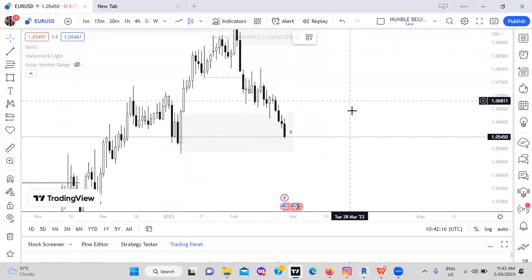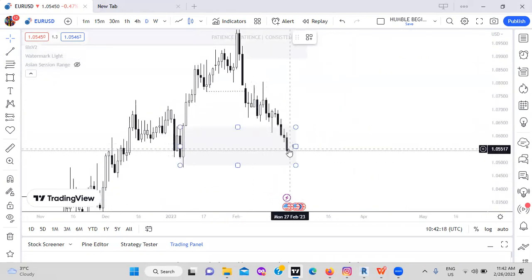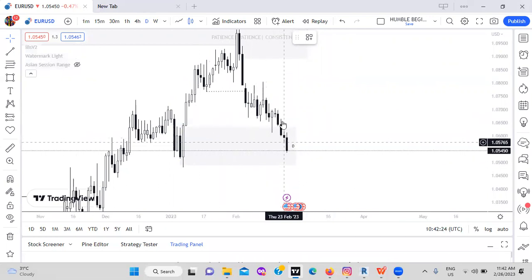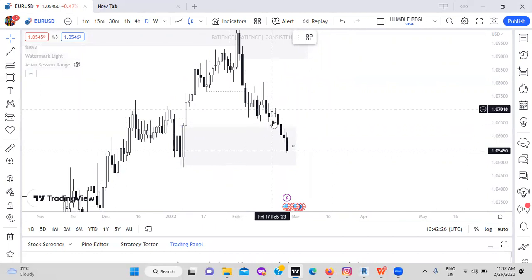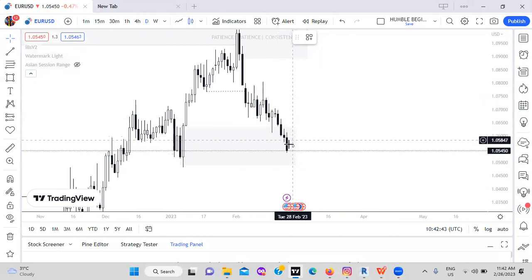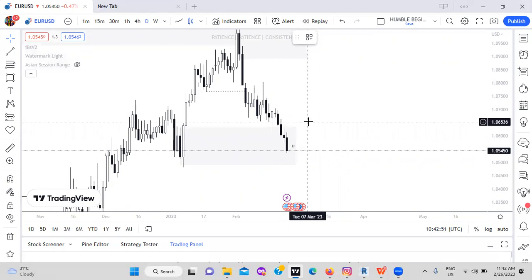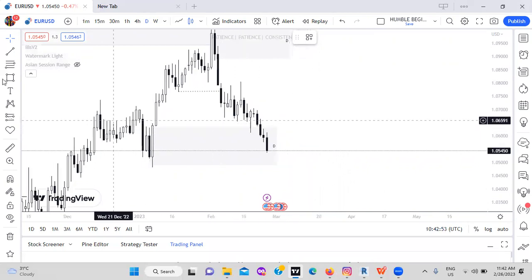Potentially we could see price show some sensitivity to this area, even though it already has and it kind of failed to break above this supply or produce something of significance, right? But potentially we could still see price react from this point. It would most likely be for a pullback on the daily time frame before we see a continuation.